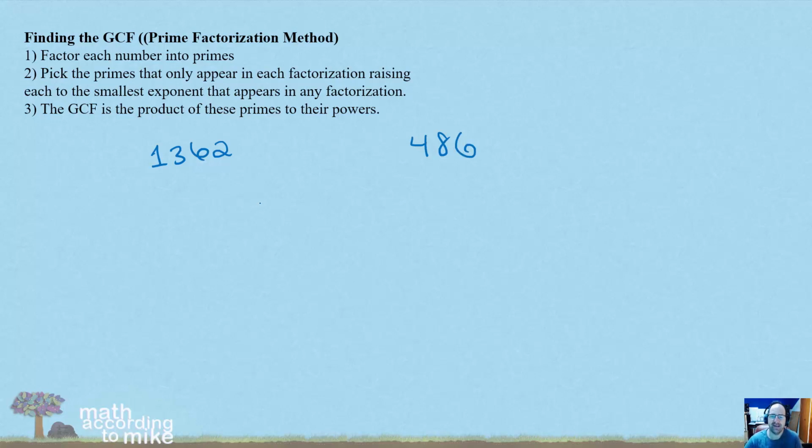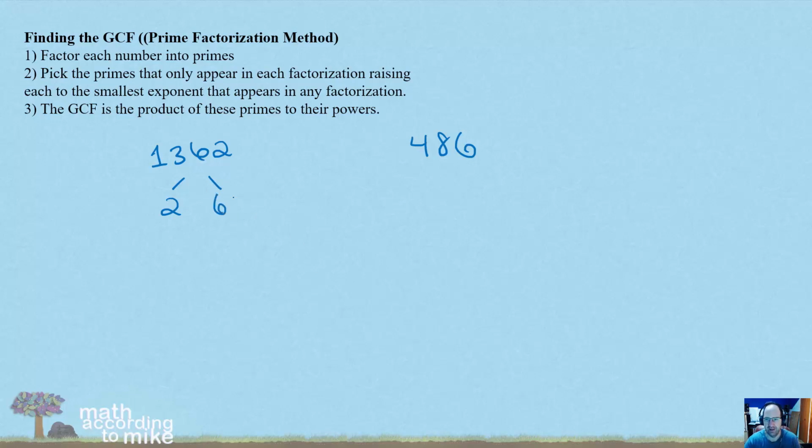Okay, so 1362 is obviously even, right? So that means it must be 2 times something. 2 times what? I don't know. Bust out your calculator. I mean, that's why you bought one. I hope you bought one. All right, 1362 divided by 2 is 681. Oh my gosh, I hope that's not prime.